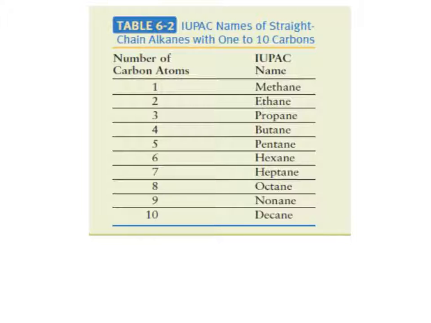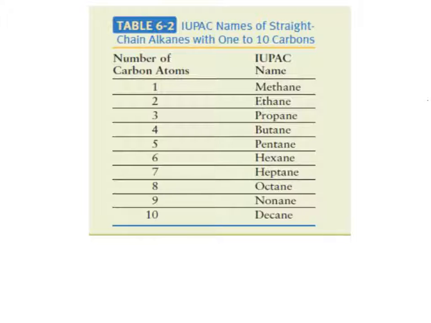Here we see some examples of straight-chain alkanes with their names up to 10 carbons long. What we see here is that the number of carbons will give us the root of every name.